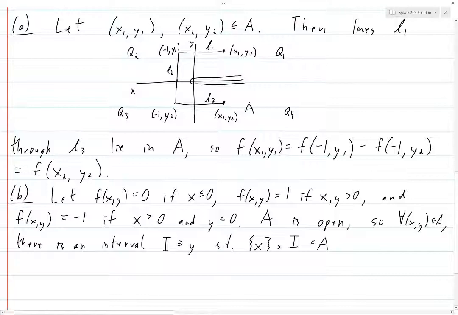In fact, I don't think we necessarily even need to use the fact that A is open because, well, I guess in proving that A is open, you prove that you can choose an appropriate neighborhood.